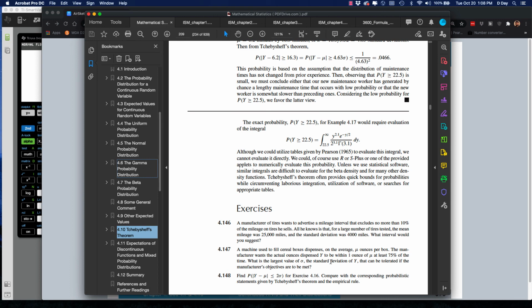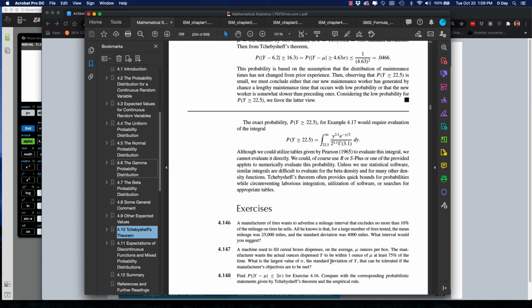Hint, hint: when you're talking about 75%, k usually equals 2 in Tchebysheff's theorem. What is the largest value of sigma, the standard deviation of Y, that can be tolerated if the manufacturer's objectives are to be met? Play with it a little bit. It might not be exactly 2 in this case, if they're wanting to be within 1 ounce of the mean. All right, but that's one you can play around with.